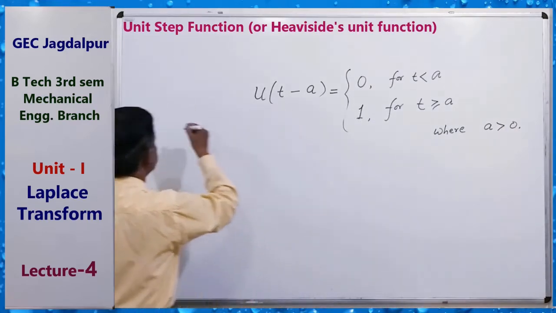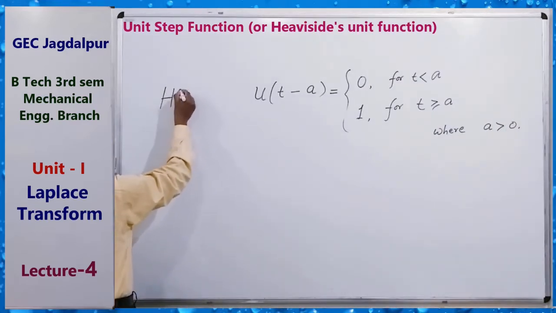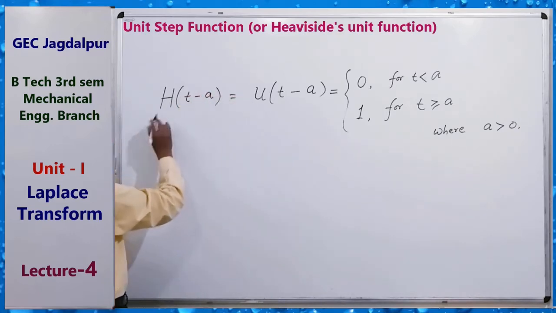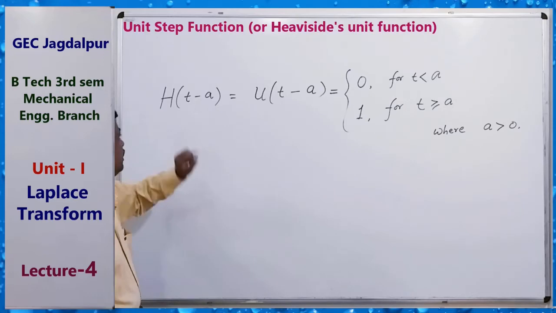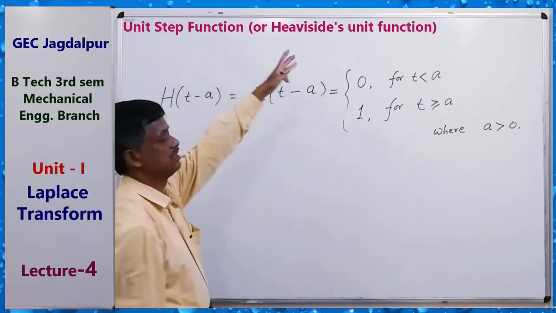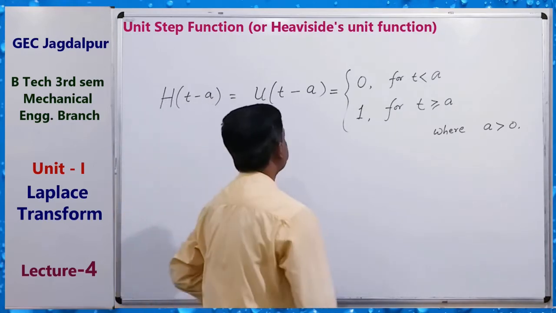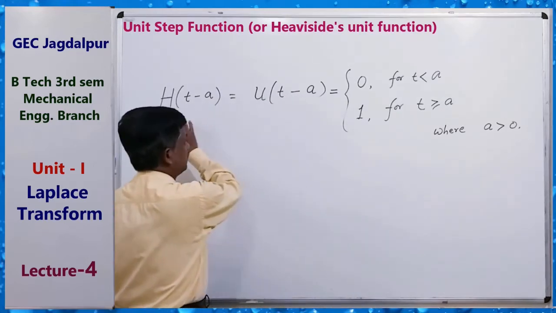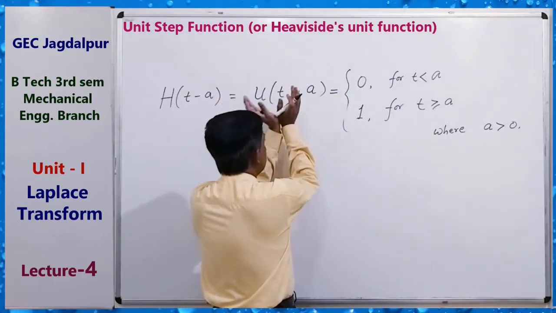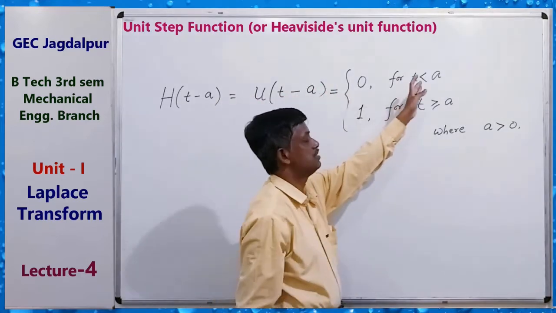It is also denoted by Heaviside, that is h(t minus a), Heaviside's unit function or unit step function. Okay, this is the definition. It means the value of the function is 0 for t less than a.